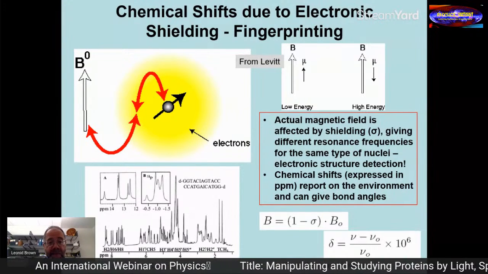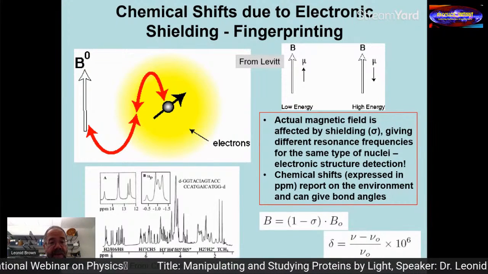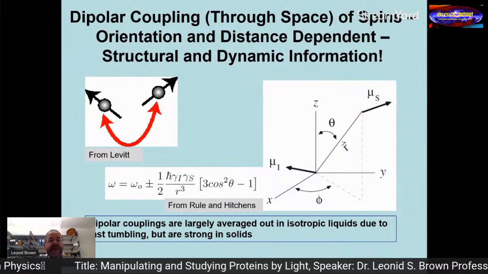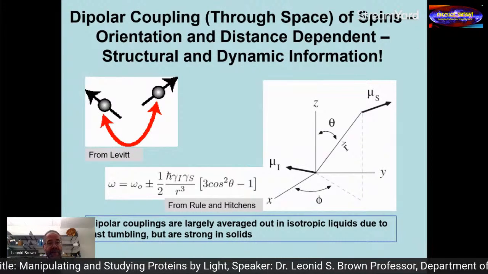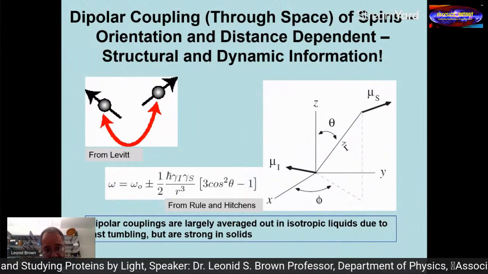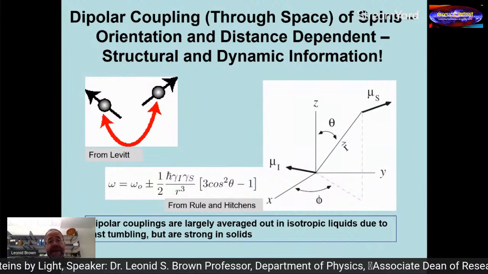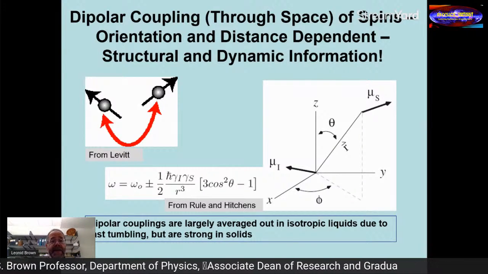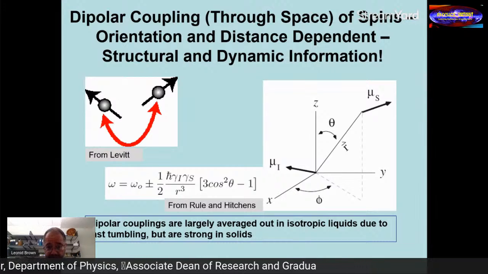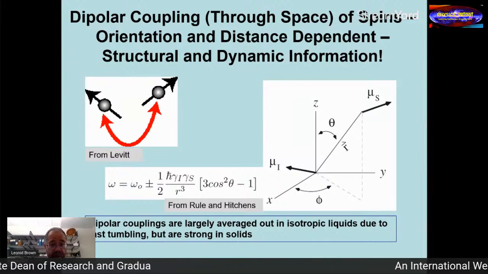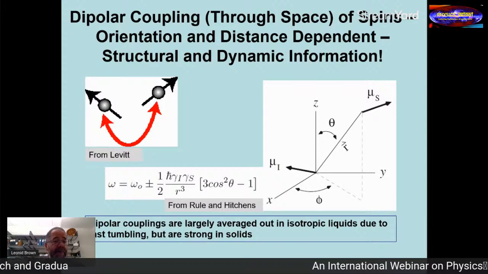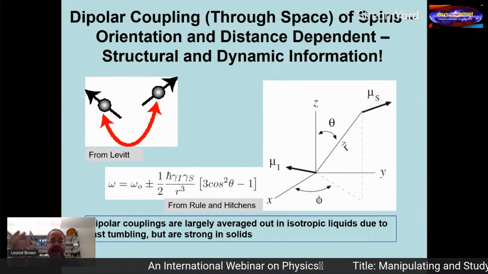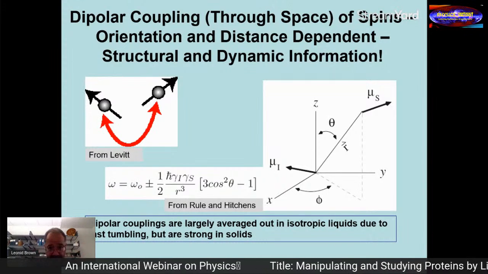The next important physical phenomenon is dipolar coupling. Spins, little magnets, talk to each other through space. This is called dipolar coupling, and it is dependent on their mutual orientation and on the distance. When you do solution NMR, dipolar couplings are not that important because they average out, because your molecules tumble in solution.